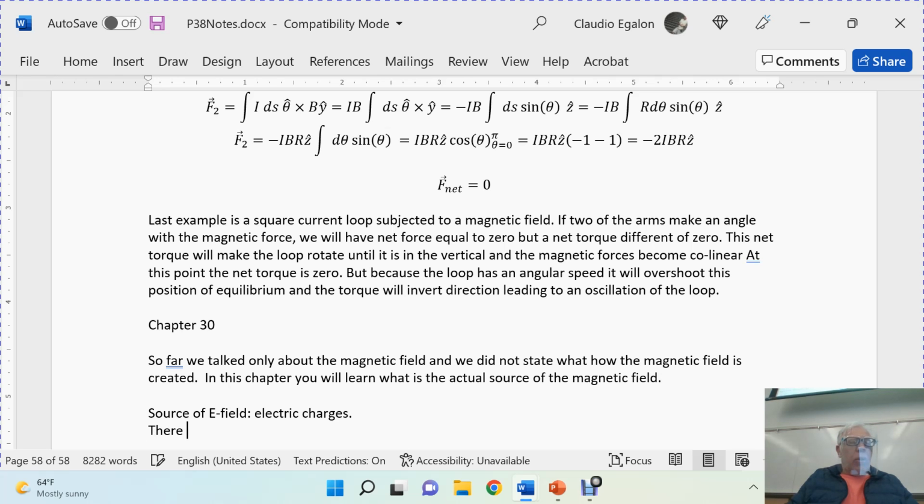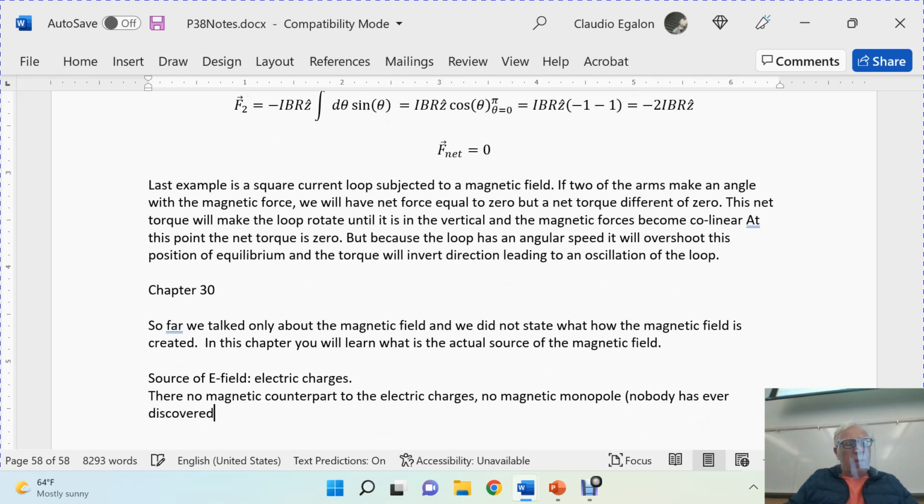There is no magnetic counterpart to the electric charges. Okay? No magnetic monopole. Nobody has ever discovered that.